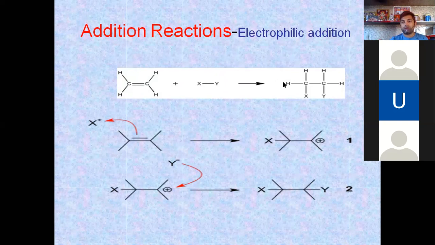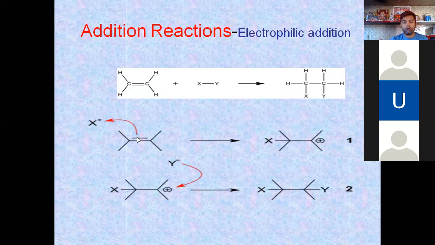Now, see this. X is attached to one carbon and Y is getting added to the other carbon. So this is an addition reaction. Now, suppose this is the electrophile and this is the carbon-carbon double bond, electron rich.